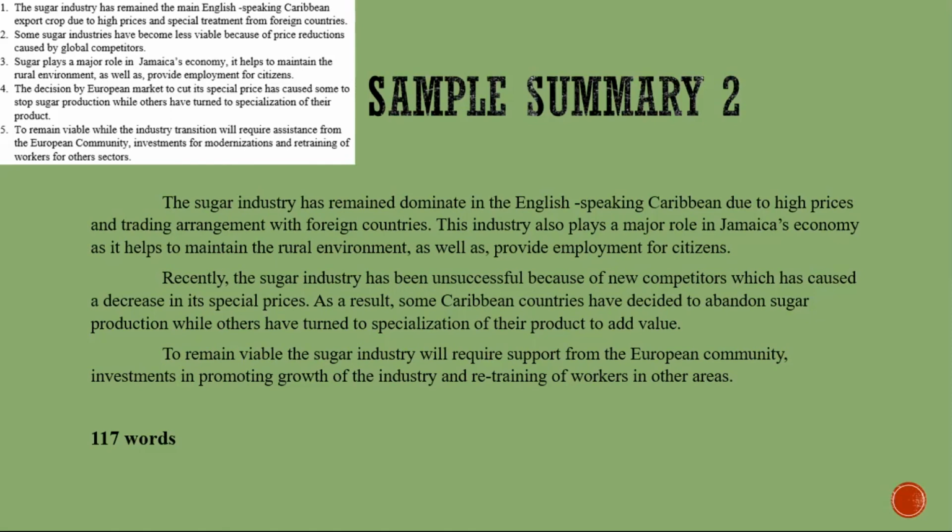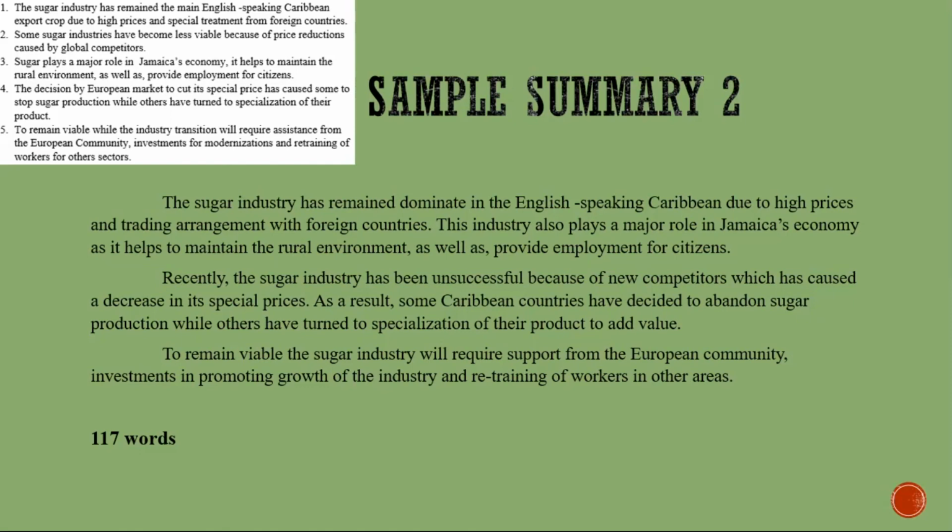As a result, some Caribbean countries have decided to abandon sugar production, while others have turned to specialization of their products to add value. To remain viable, the sugar industry will require support from the European community, investments in promoting growth of the industry, and retraining of workers in other areas.